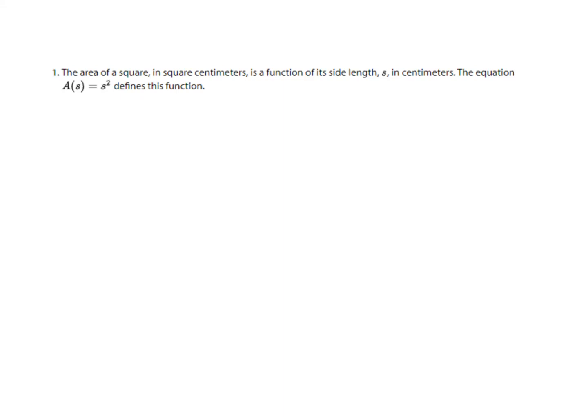This video is meant to just help you understand domain and range and solidify your understandings on those concepts. Okay, so domain is all the input values. So in this case, anything that could have shown up in there.